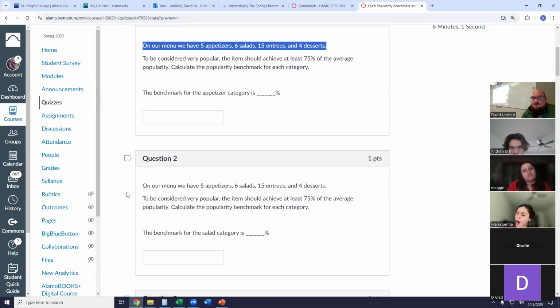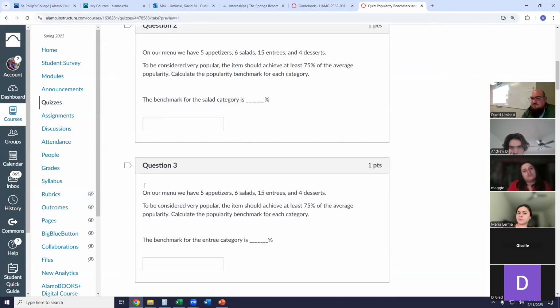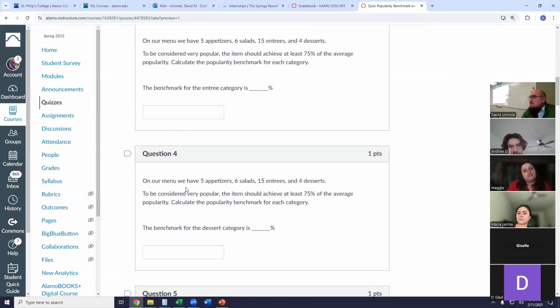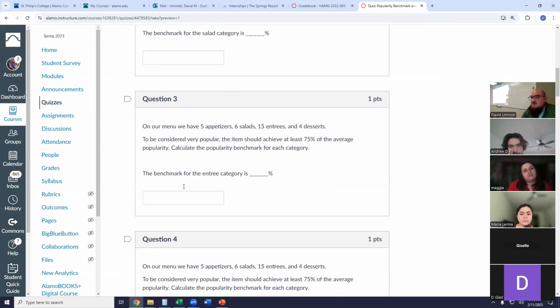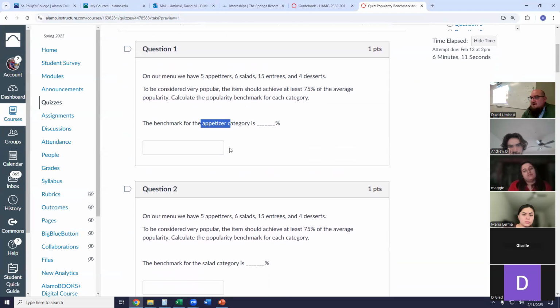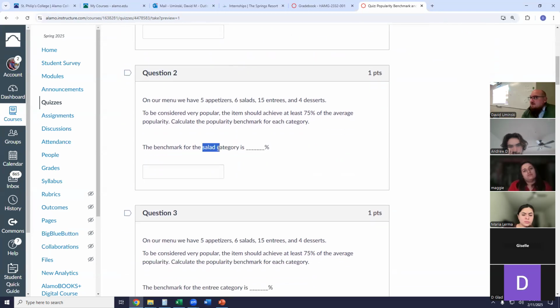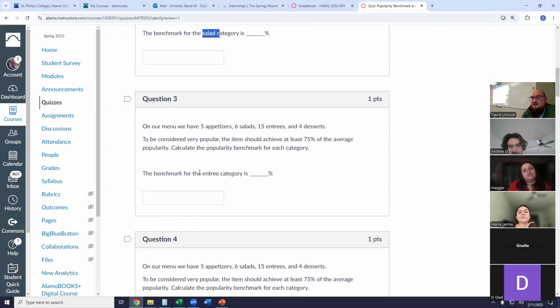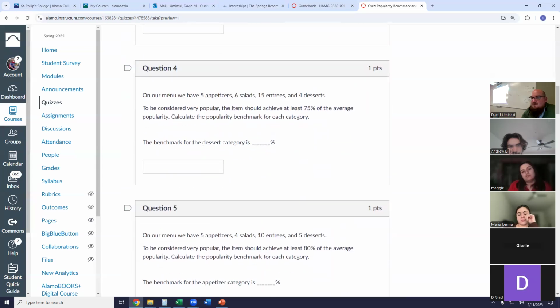Those are the same for questions 1, 2, 3, and 4. Question 1 is asking the appetizer category. Question 2 is asking the salad category. Question 3 is the entree. Question 4 is the dessert. So this is just allowing you to practice this method of finding the benchmark.